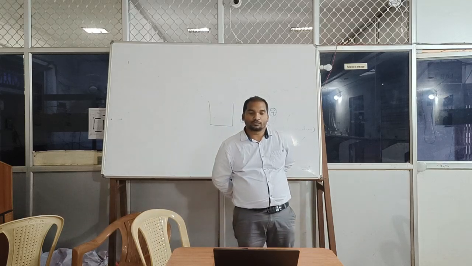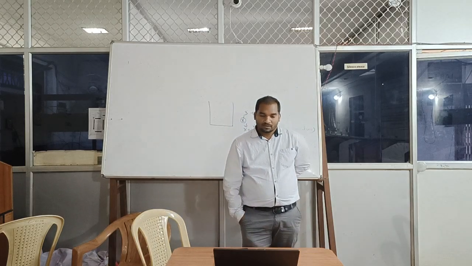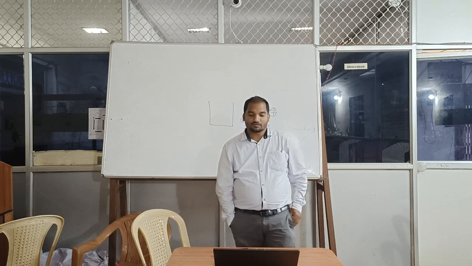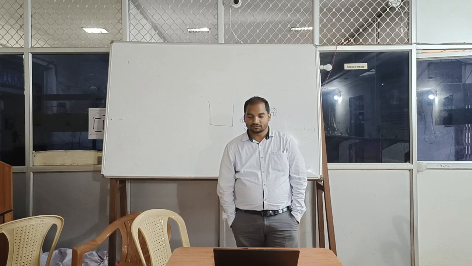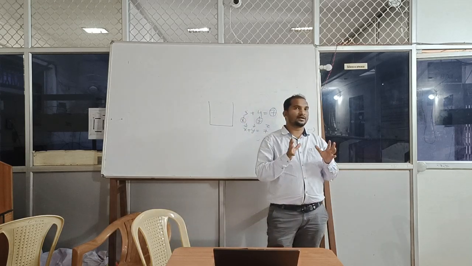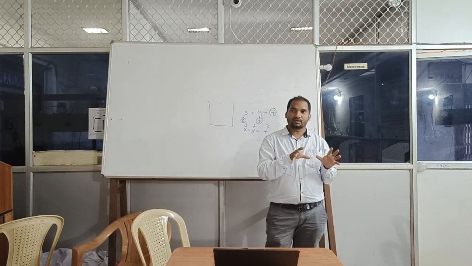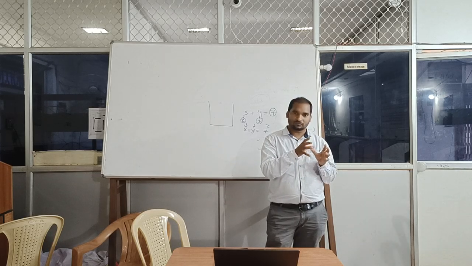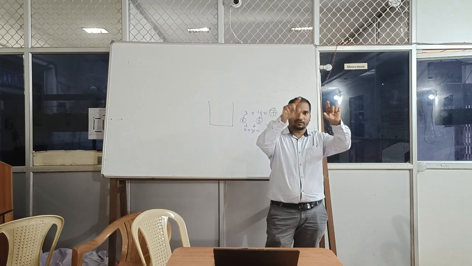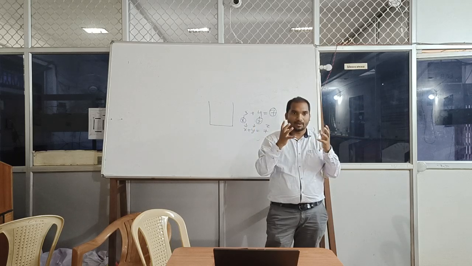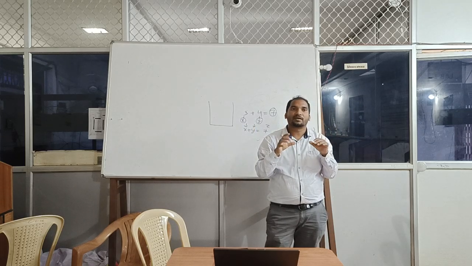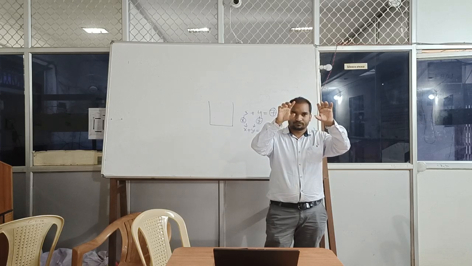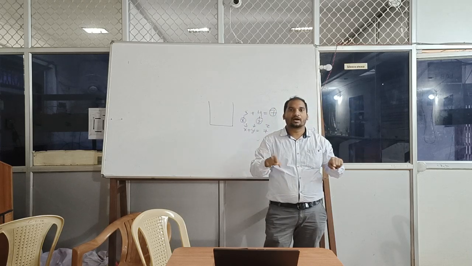We will come to our output unit. It is a mechanism that conveys the result of a computation to a user, such as a display, or to another computer. That means in the output unit we will get the output. Whatever input we give, it will process, then finally we will get some result, right? That result will be displayed in the output unit.